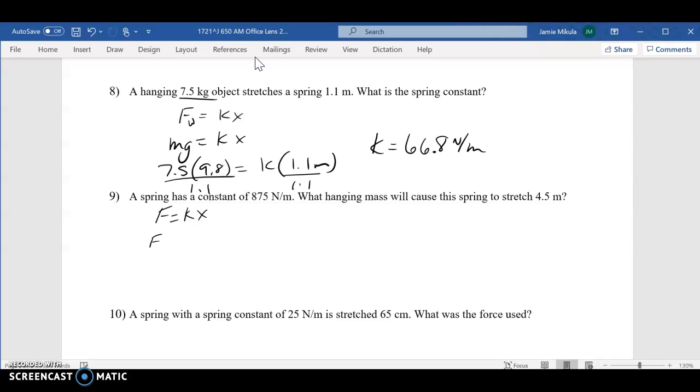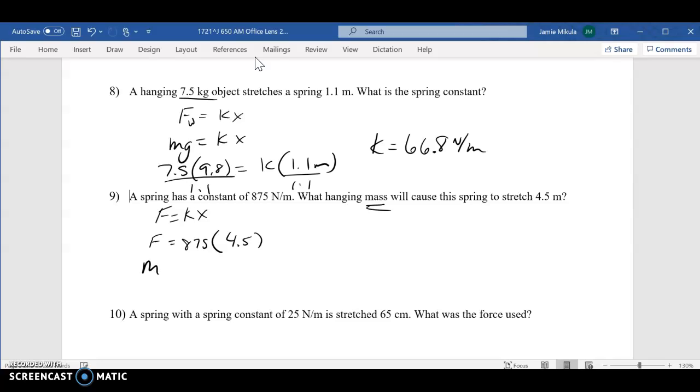Okay, so this time we have K and X. So we can multiply those two things together to get force, but this time we're solving for mass.